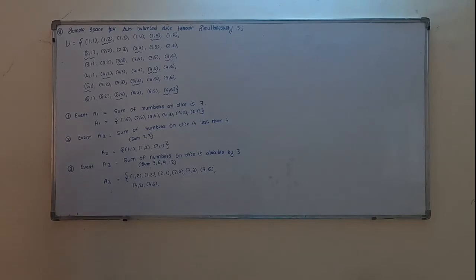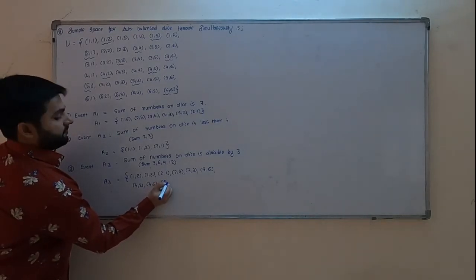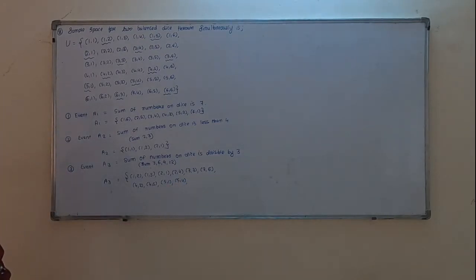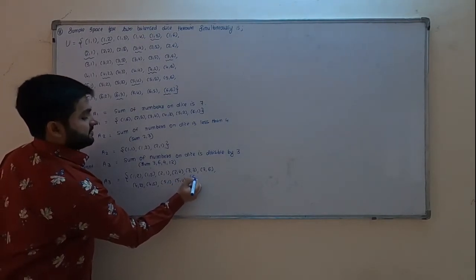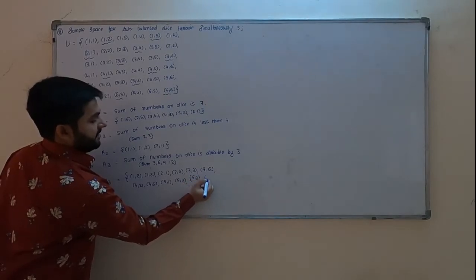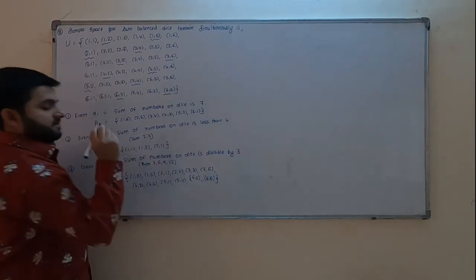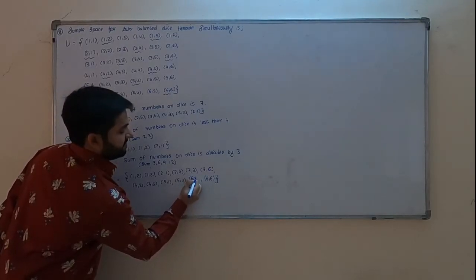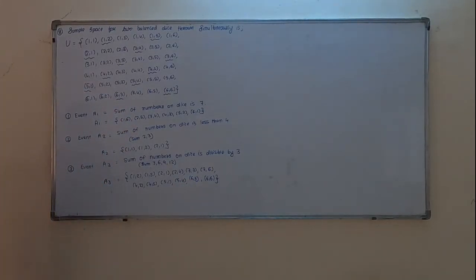Then in the fifth line also there are two elements: 5 1 and 5 4. Then in the sixth line also there are two elements: 6 3 and 6 6. Okay friends, so these are all the elements where the sum is divisible by 3.